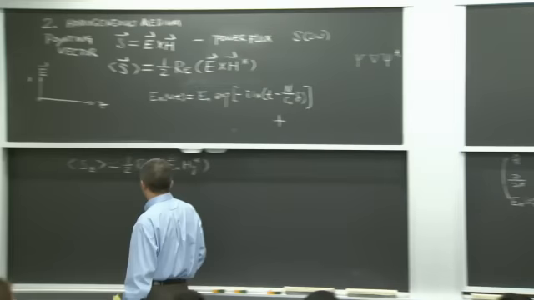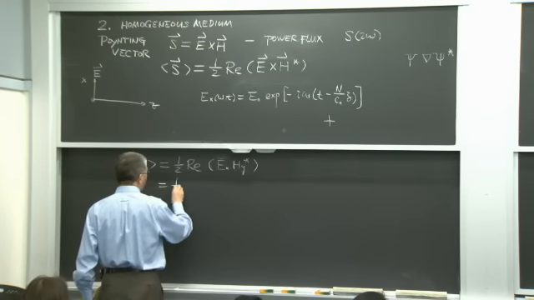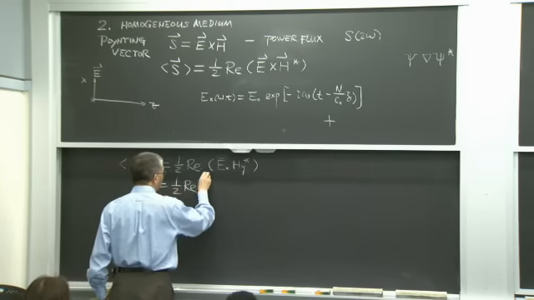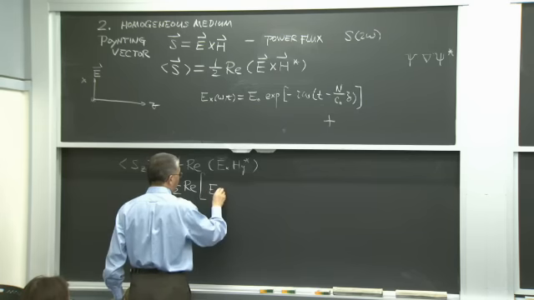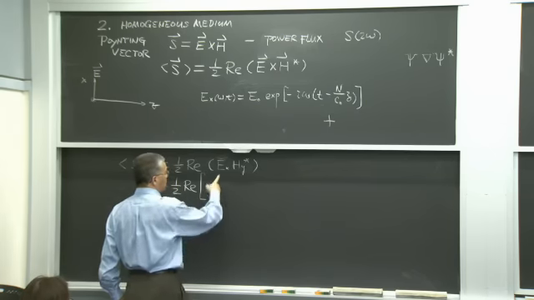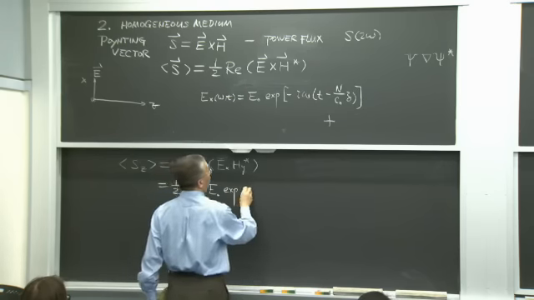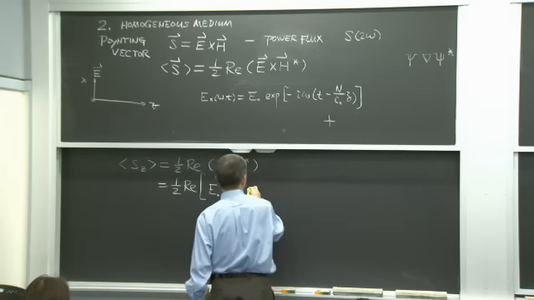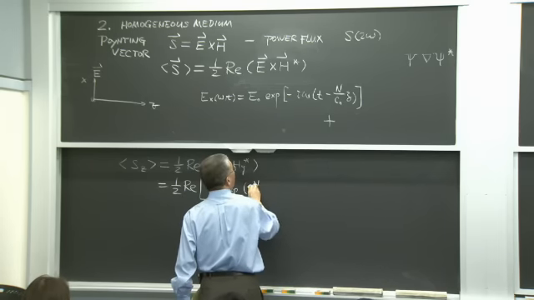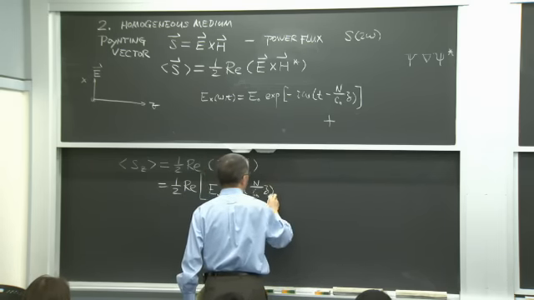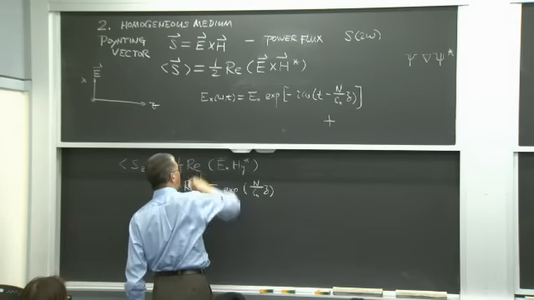So what I have then is 1/2 the real part of E0, that's the electric field, times exponential of negative i n omega over C0 times z, that's the first Ex.